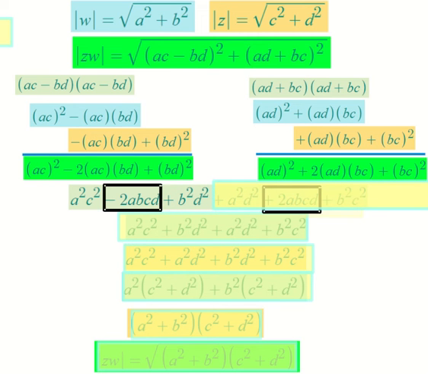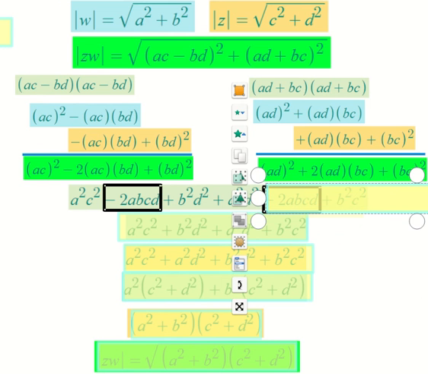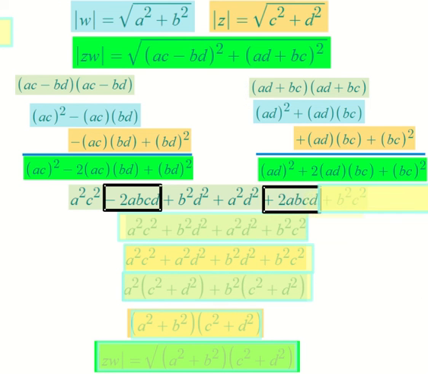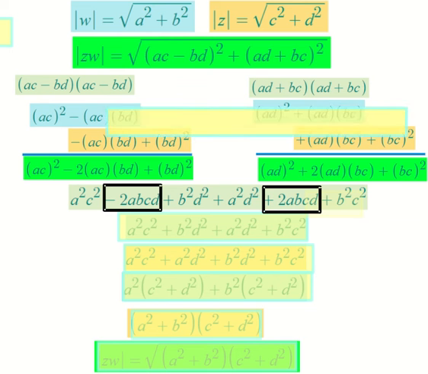So I took this and just brought it down. Now I'm going to combine it with this, because remember, in the beginning, both of these expressions were under the same radical. So again, a squared times d squared, a squared d squared, plus abcd, so 2abcd, and finally, b squared c squared.